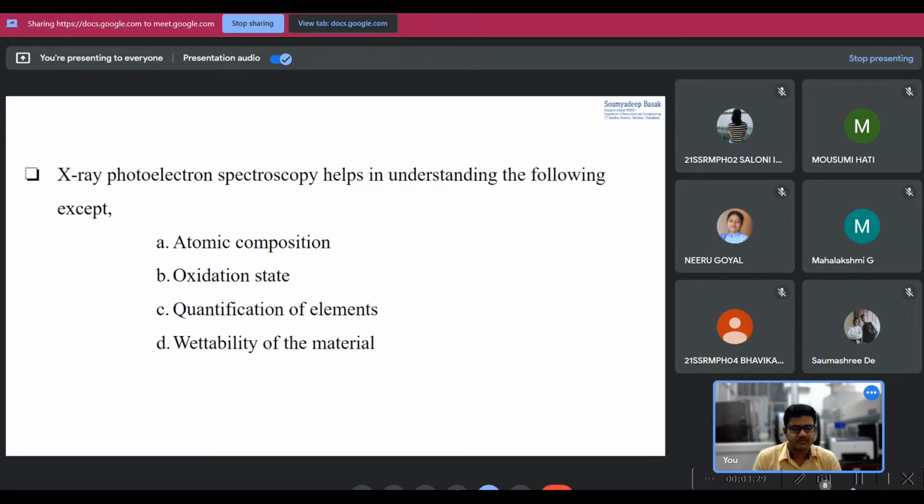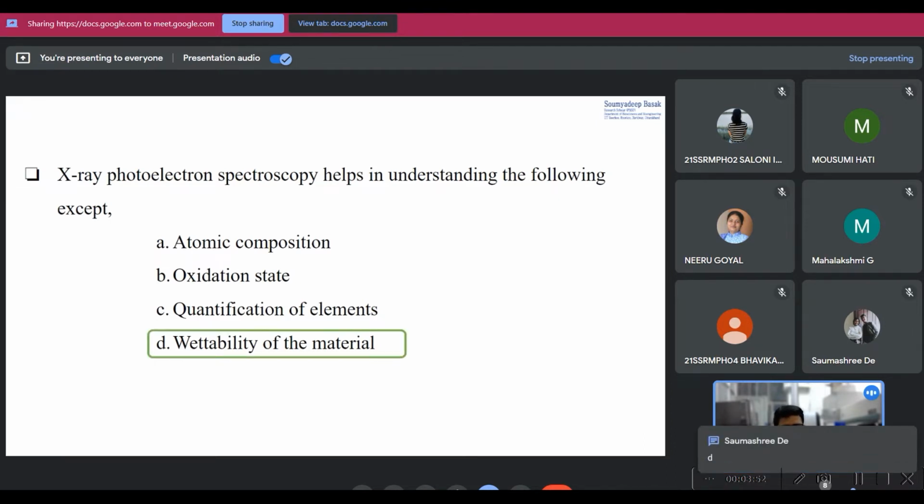What will be the correct answer? Okay. Anyone else want to try? Okay. So the correct option is weightability of the material, right? Yes, weightability of the material.